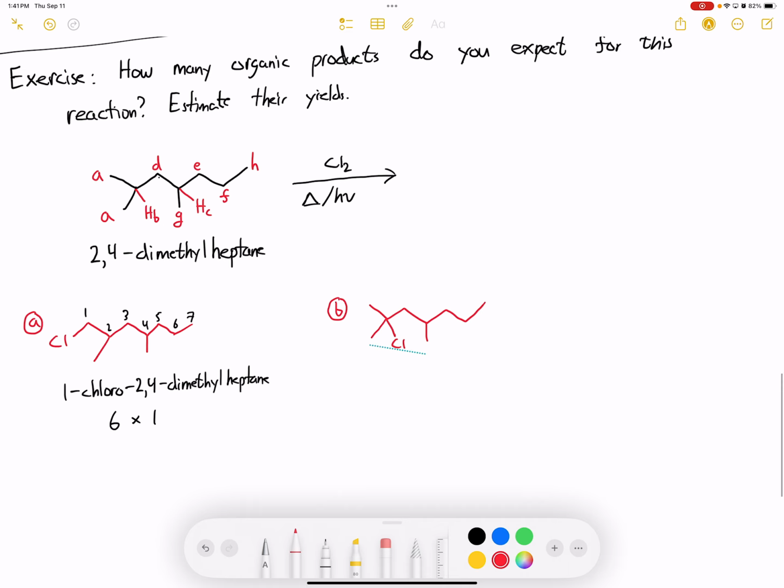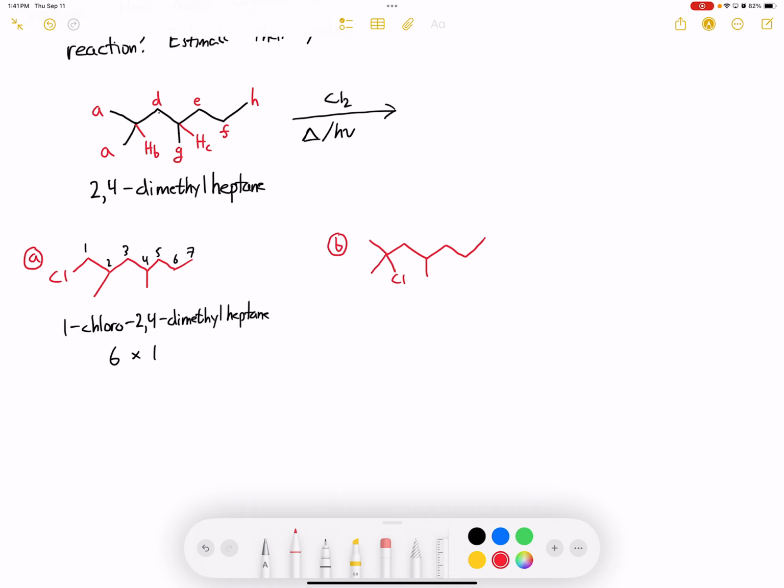That's B. Let's name this one. Letter B here is now not 1 chloro, but 2 chloro, 2, 4 dimethyl heptane.